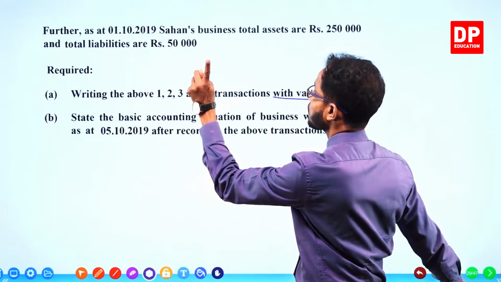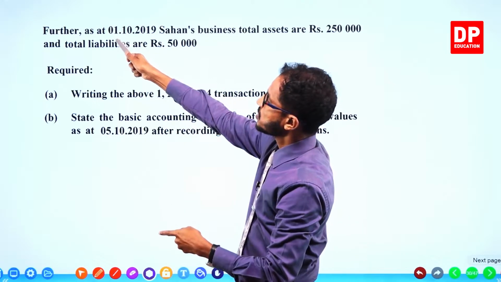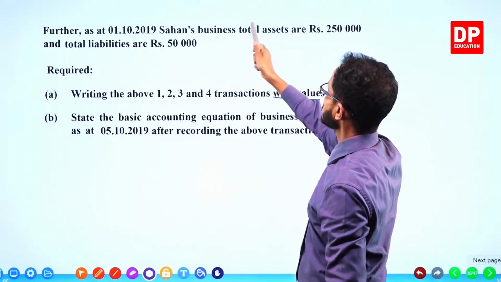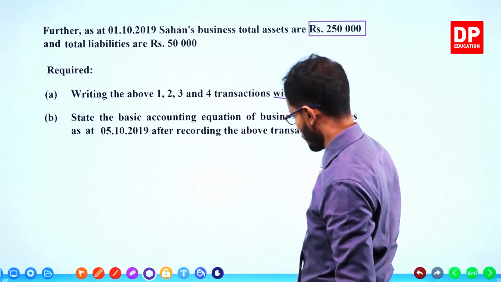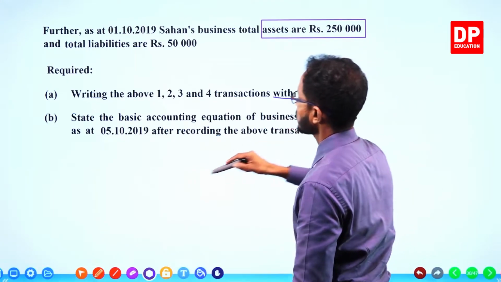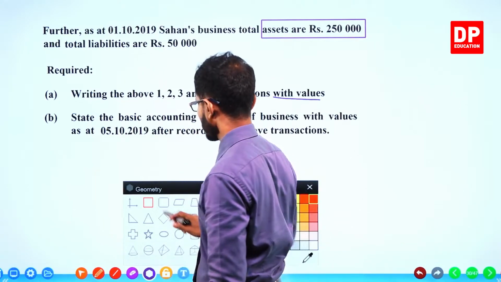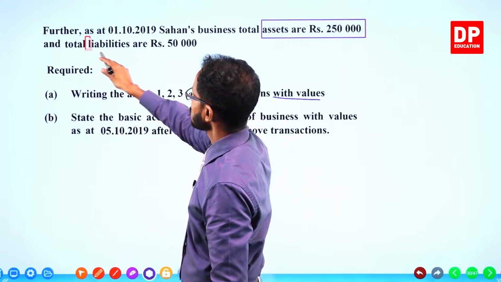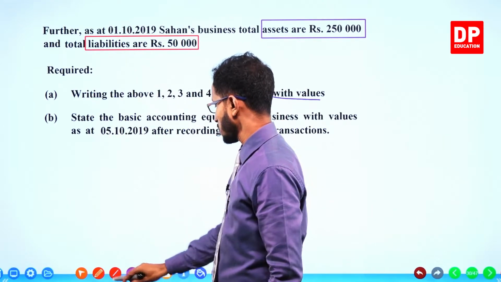On this one we have further at 1st October business total assets given, 250,000. Total liabilities also given, 50,000.